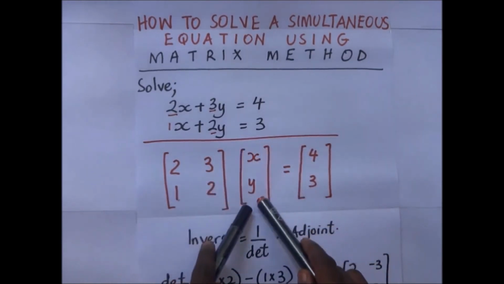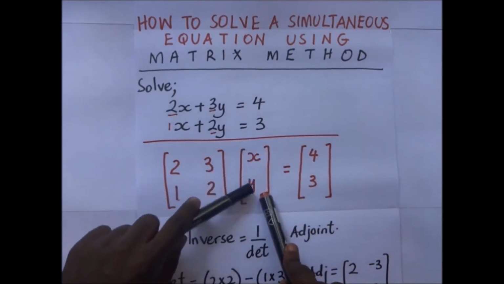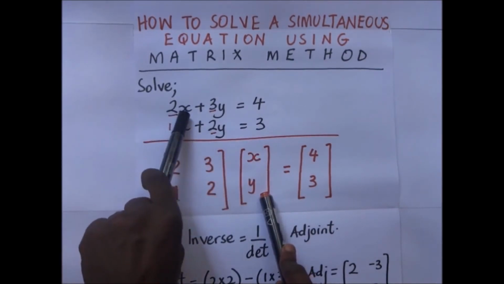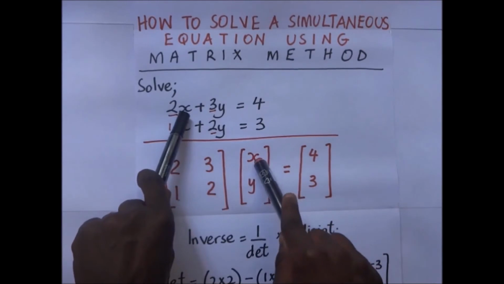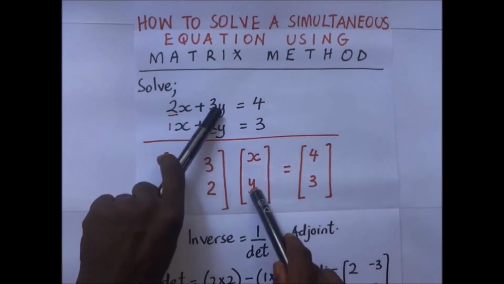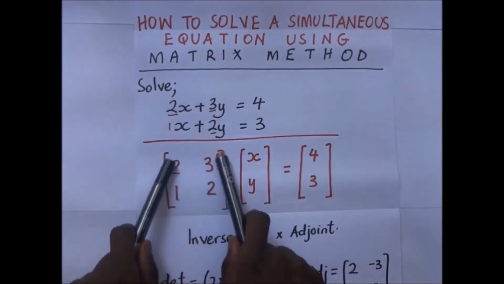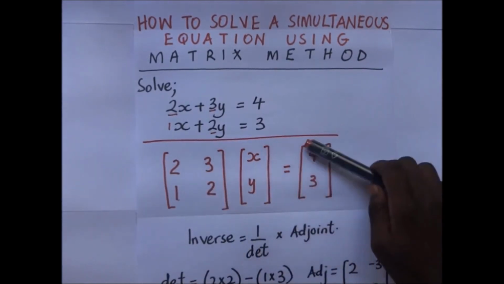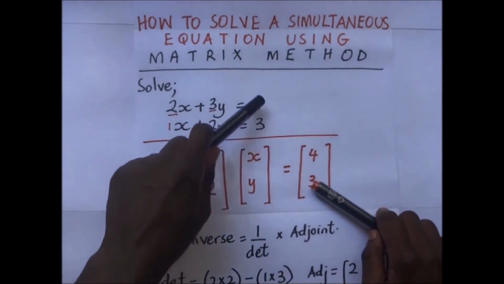The order of the unknowns in the matrix depends on which comes first here. Here it is x that comes first, then y comes next. So this matrix multiplied by x, y is supposed to give us 4, 3.